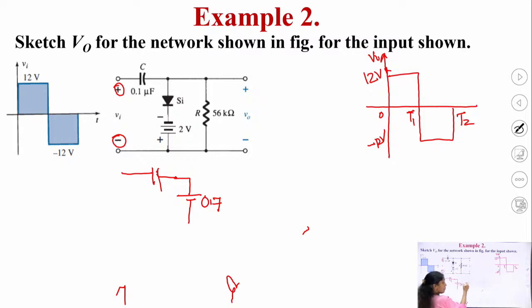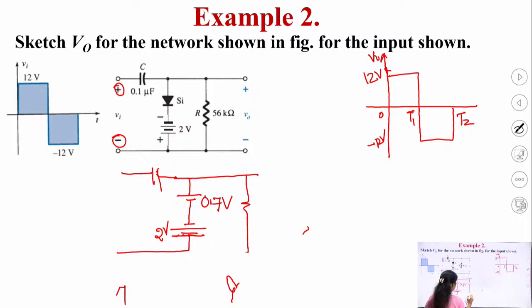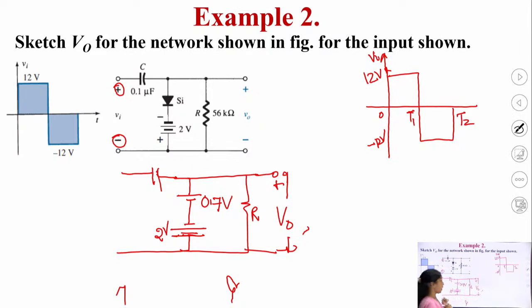So, that is why this will be replaced by a voltage of 0.7, with minus and plus. This is 2 volts, here we are having the resistance, whatever value it is, plus and minus, and this we know. So, this is your equivalent circuit. Now, because the forward resistance of the diode is very small in comparison to 56 kilo ohm, this is only a few tens of ohms, let us say 75 ohms or something.